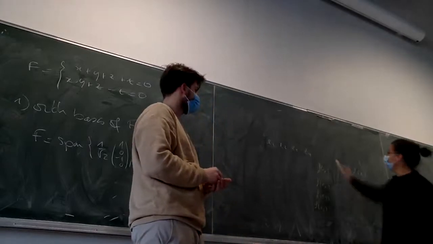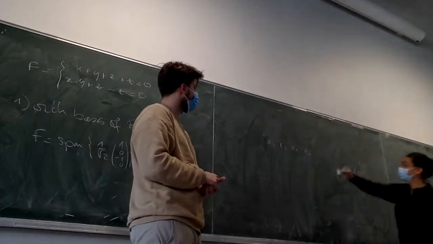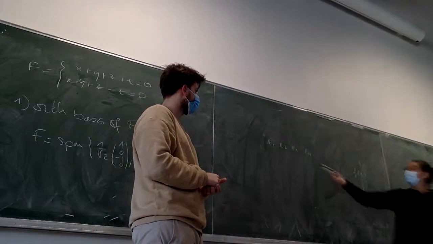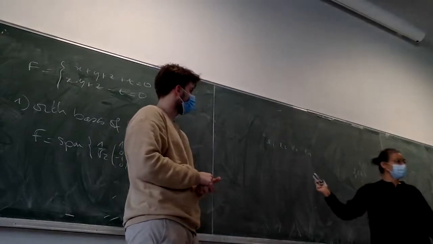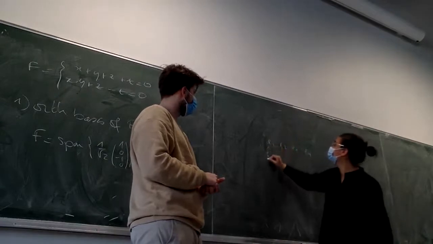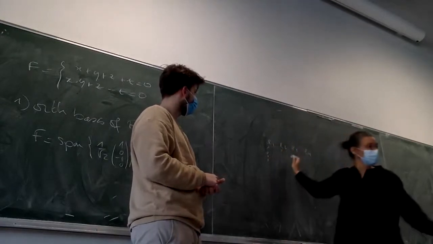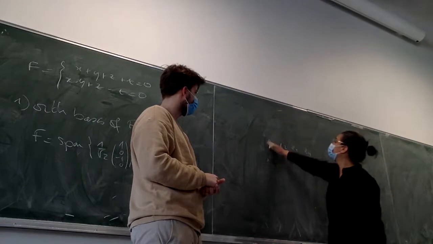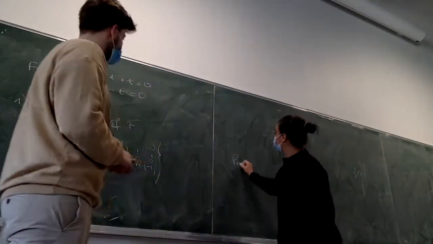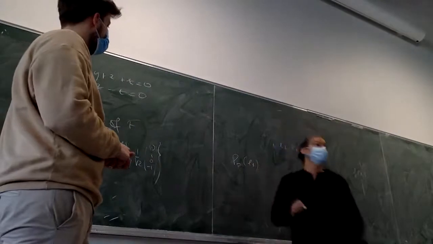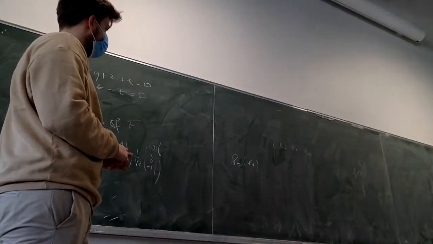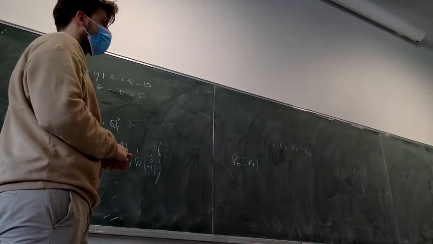So we want to find the image by the orthogonal projection of these vectors. What are these vectors? They are just the standard basis of R4. Okay, we agree on that? So they are just 1, 0, 0, 0; 0, 1, 0, 0; etc. Okay? So we need now to find the image of that projection on F of E1. How do you compute that? Using scalar products? Yes, we need a scalar product.